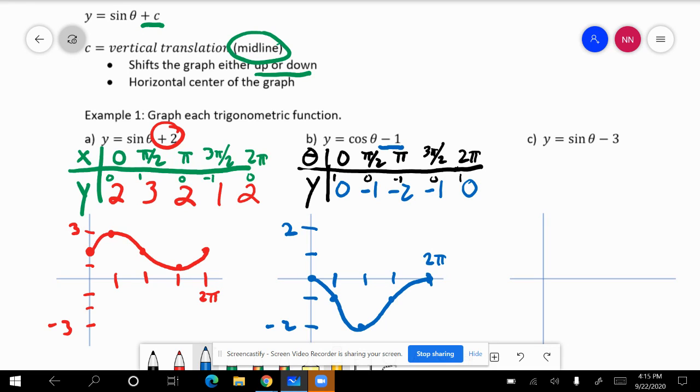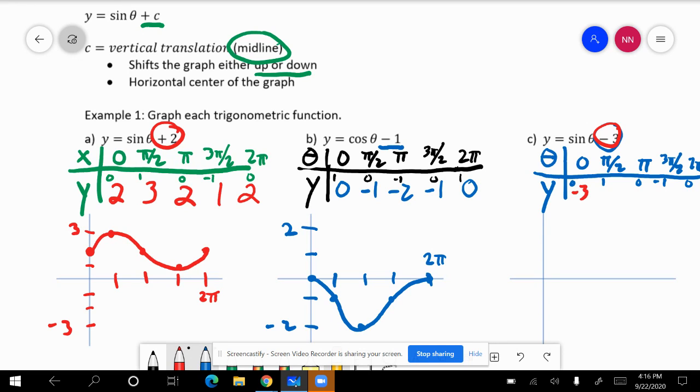Now our last one, what we're going to be doing is subtracting 3. So once again, we're going to create our table. We have 0, pi halves, pi, 3 pi over 2, and 2 pi. Now, remember, our sine values are 0, 1, 0, -1, and 0. Since we're subtracting 3, we're going to take each one of these and subtract 3.